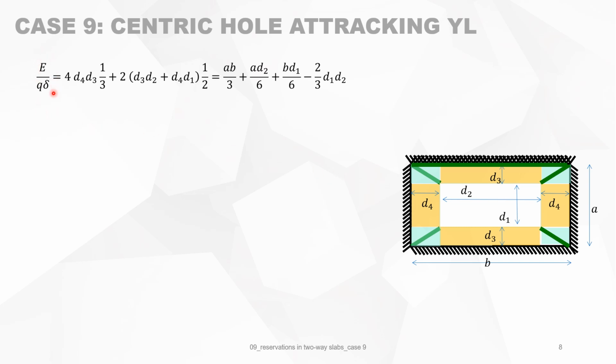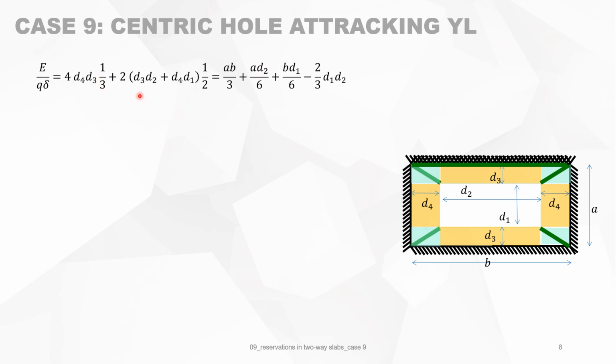The work done by the external forces is then equal to, we have D4 times D3, which is the surface of the green colored elements, which consist of 2 triangles, and on the 4 corners it's the same. So we have 4 times 2 times D4 times D3 multiplied by the mean deflection, which is delta over 3.